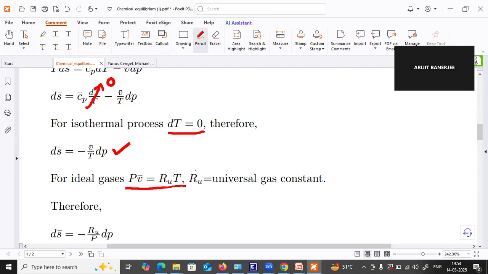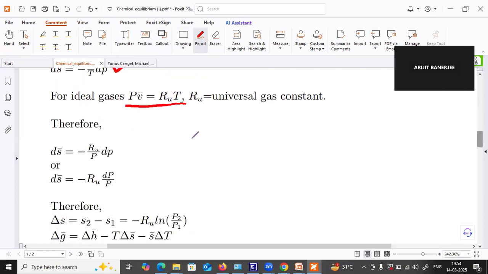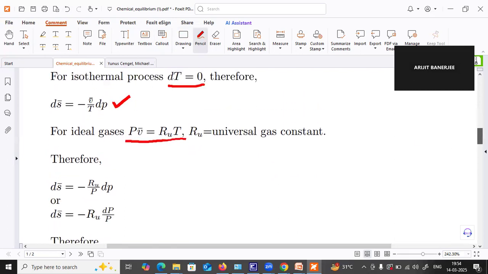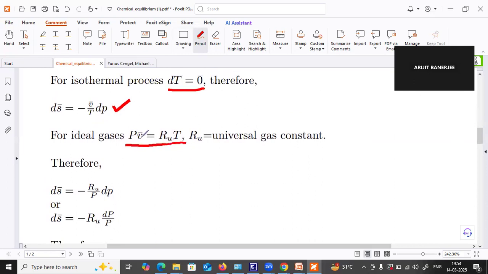So V by T will be RU by P. So ds, the change in entropy, is equal to minus RU into dP by P.